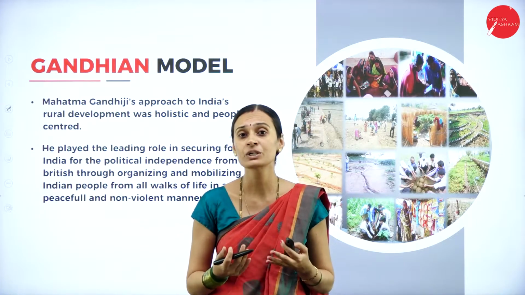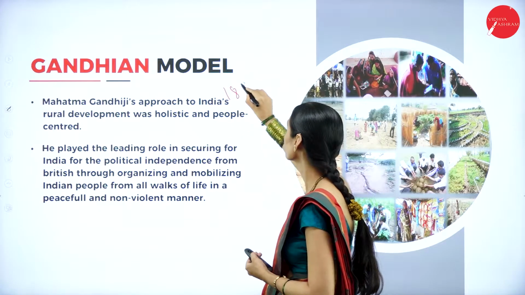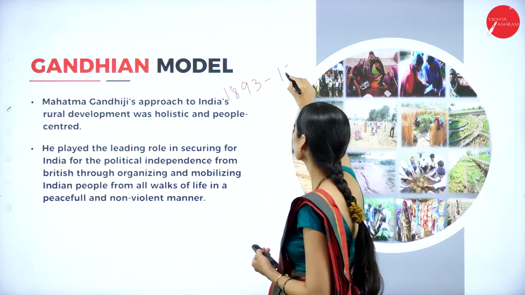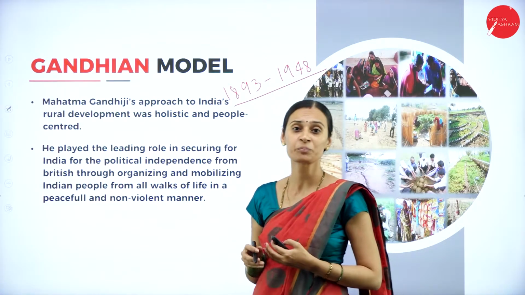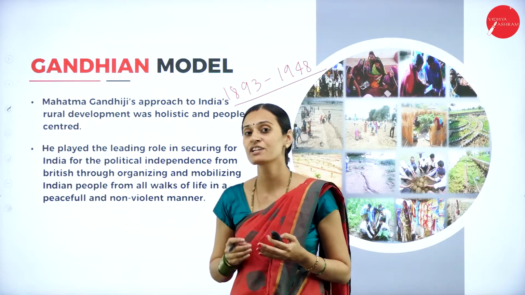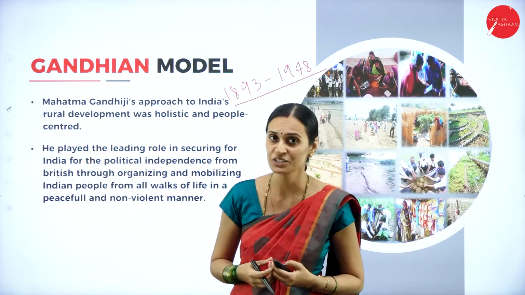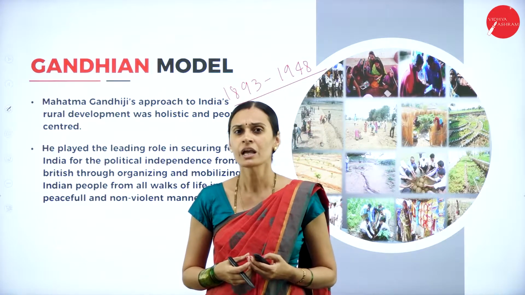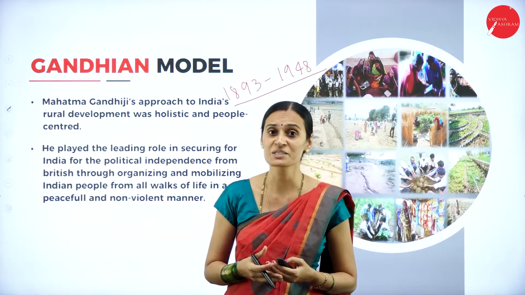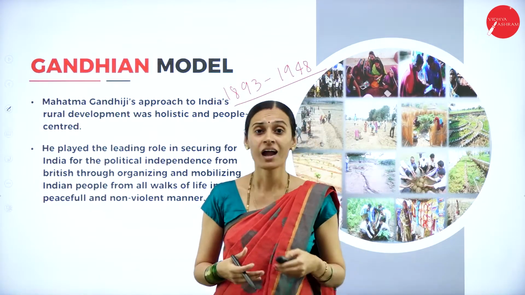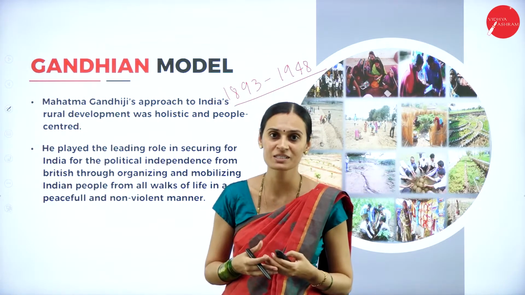The Gandhian period was 1893 to 1948, and after his graduation he focused on the development of our country. He led the people with certain principles, non-violence and truth, and he believed in the goodness of human beings.